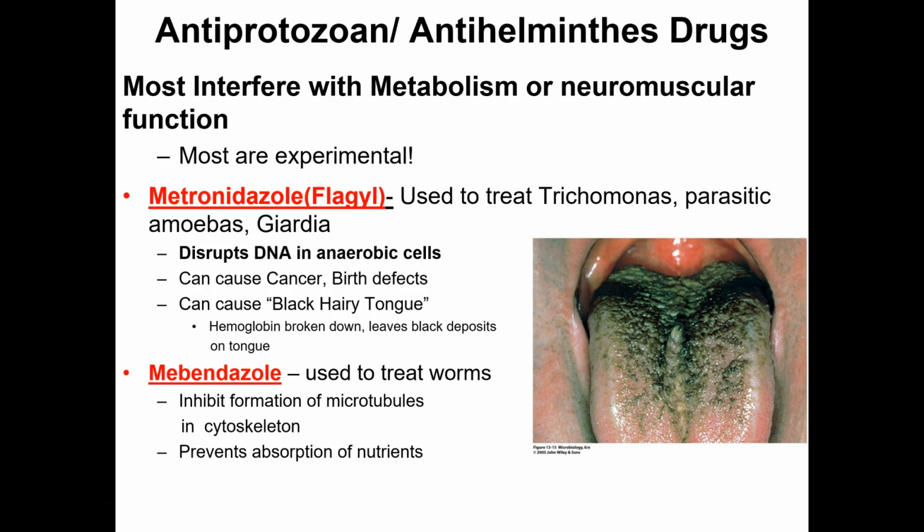All right, and then the last one here, real quickly. Antiprotozoans and antihelminthics. So dealing with protozoan parasites like Giardia or trichinosis, or, I don't know if you folks know what a helminth is, dealing with worms. So there's all sorts of examples. I just have two here.